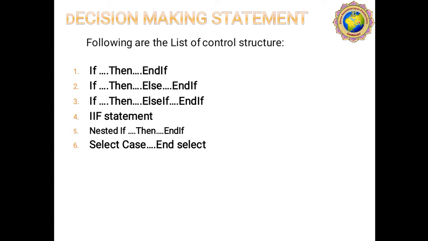The last one is the select case statement. All these statements are known as decision making statements, and we can also call them control structure statements. Okay, so let's start.